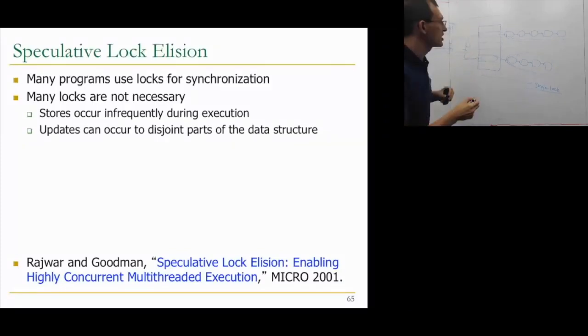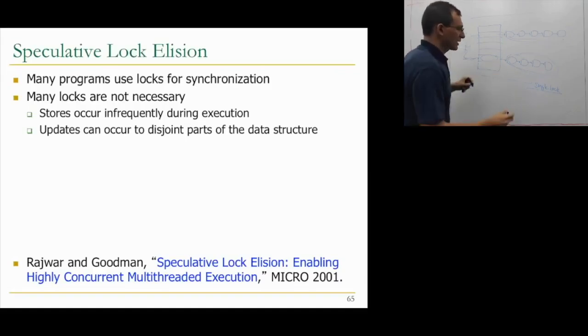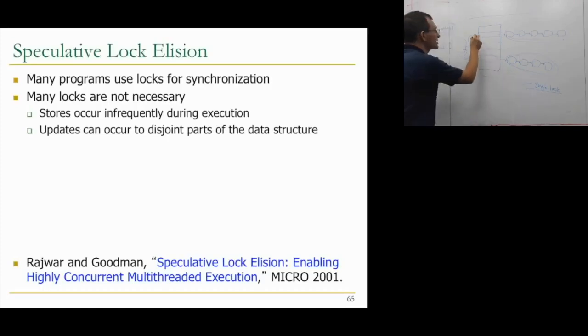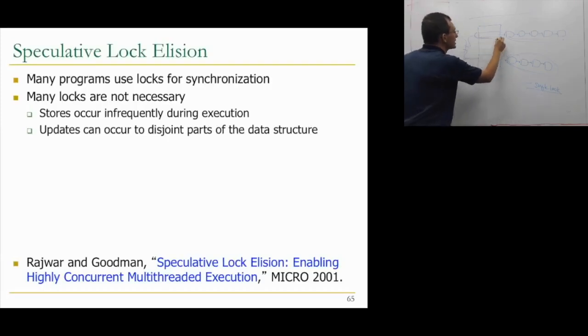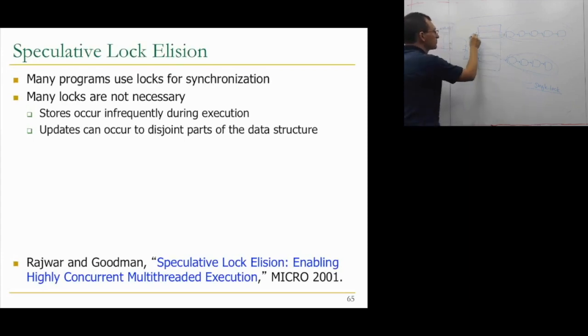Now this happens because the programmer was actually conservative, right? The programmer can actually have a lock for each bucket, right? Basically, the programmer can have lock 1 for bucket 1 and lock 500 for bucket 500, basically.